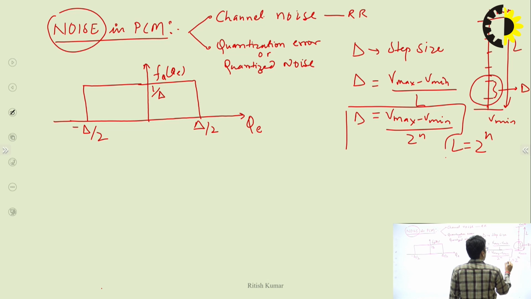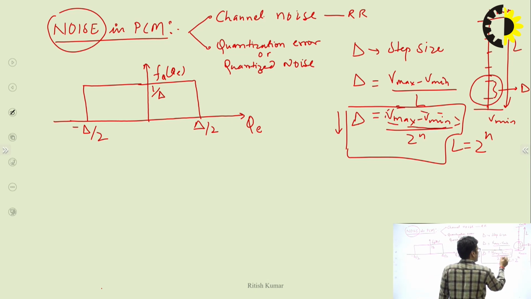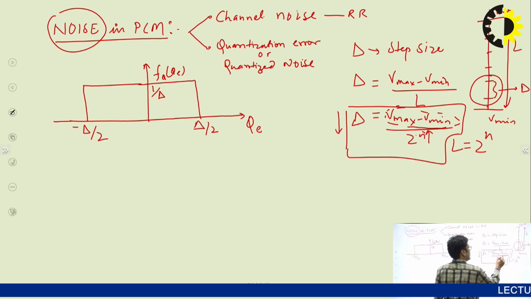By looking at this formula, you can clearly observe that to minimize the step size delta, either you can decrease the dynamic range or increase the number of levels.